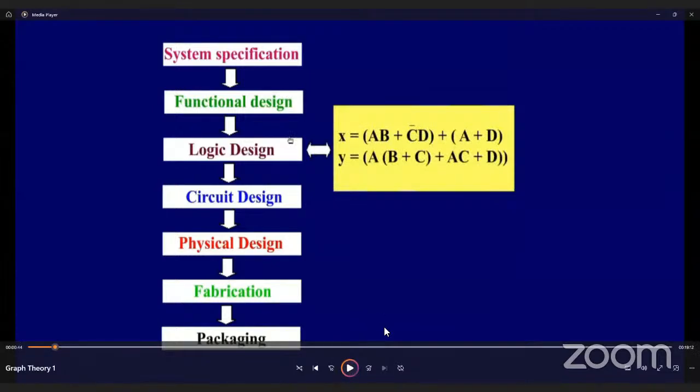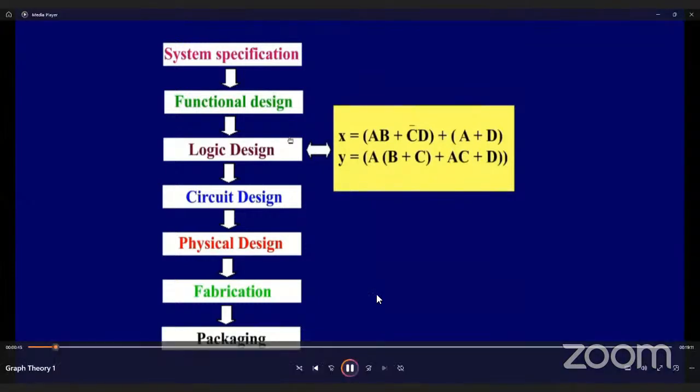That is the same thing as what you did in the logic course: the AND, OR, implication, NOT, all the operations.